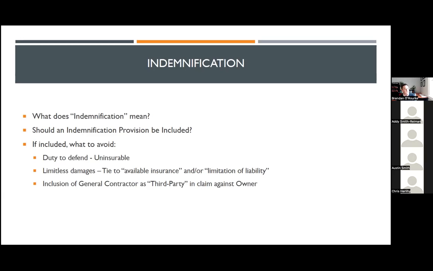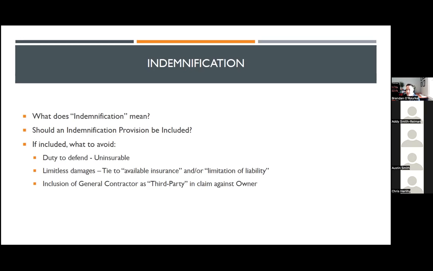The other area, if there's going to be indemnification, is I like to exclude the general contractor from the indemnification protections. We have had claims in the past that were difficult to resolve because every time the general contractor submitted a change order or proposed change order as a result of a simple error or omission in our drawings that we believe are within the standard of care, the owner looked to us and said, well, this is a claim made by a third party.